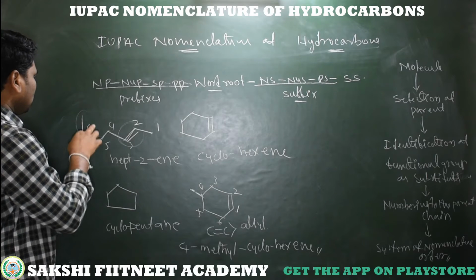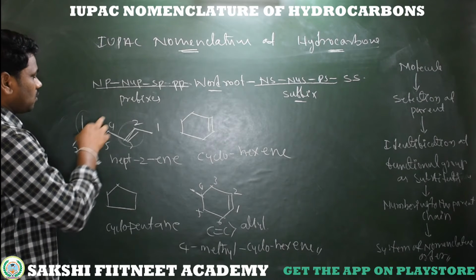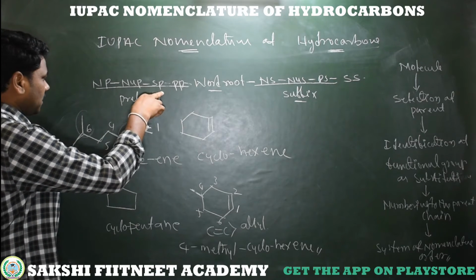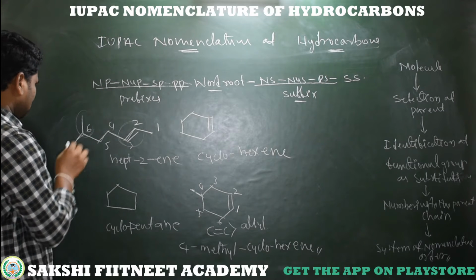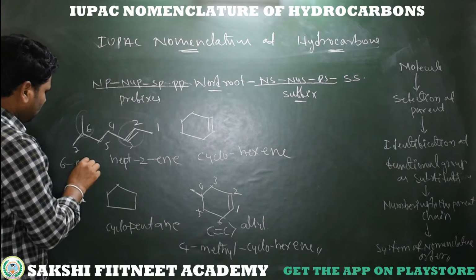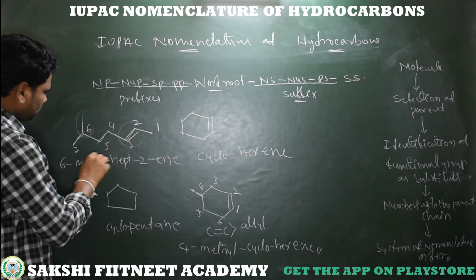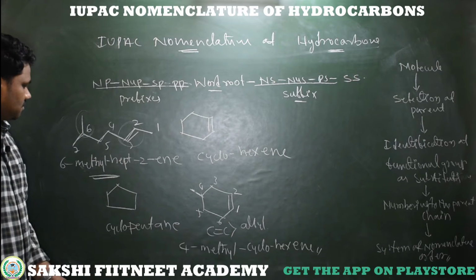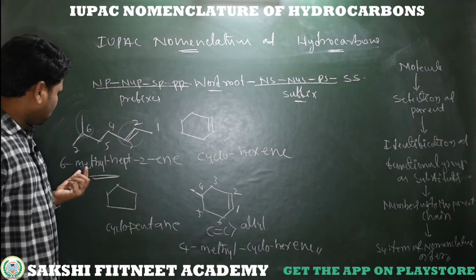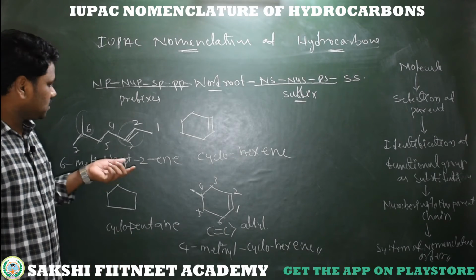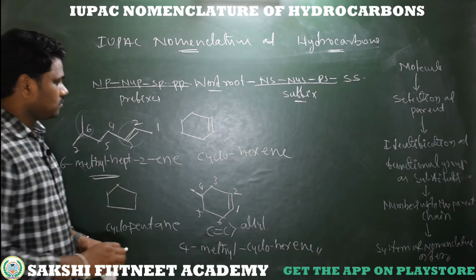Here we have a methyl group at the 6th position, so I'm using secondary prefix as methyl, number prefix as 6. 6-methyl hept-2-ene. So this is the IUPAC name of this compound.